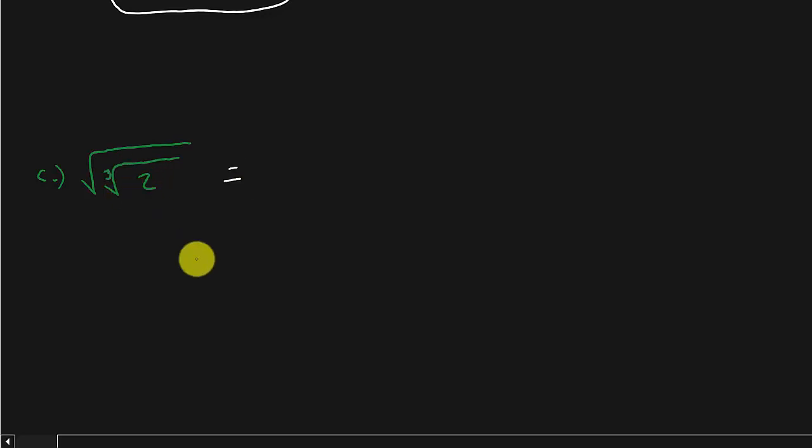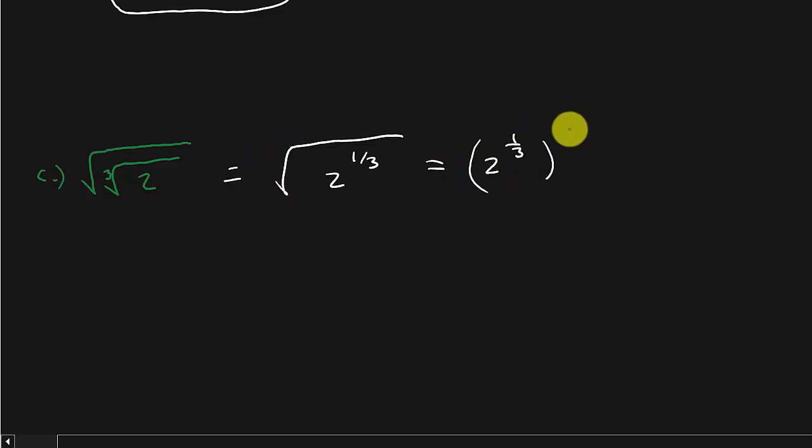So you see this 2 to the 1/3. All I'm doing there is rewriting that as an exponent. See? And then of course, it still has this square root right here. Okay? And then I've got 2 to the 1/3, and I'm going to take this square root, and square root is the same thing as what? Raised to the 1/2 power.